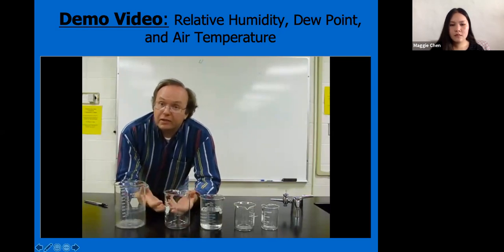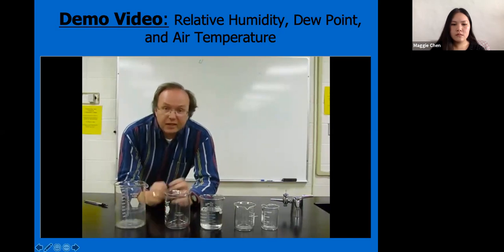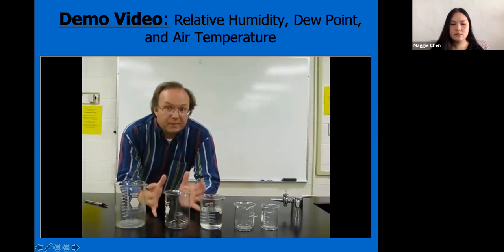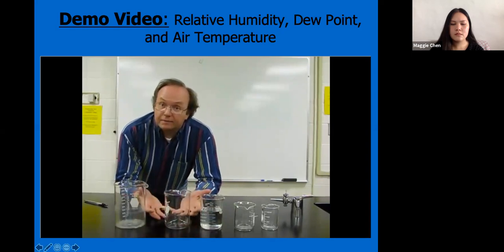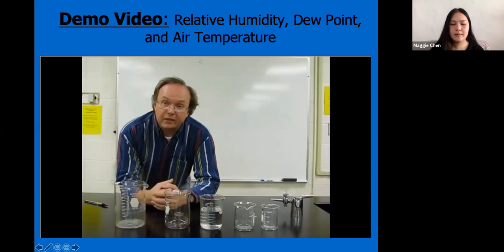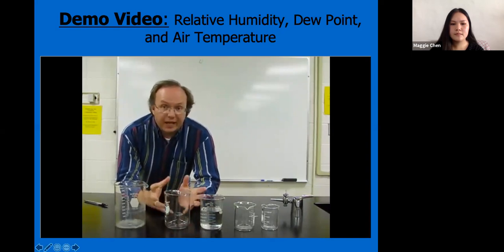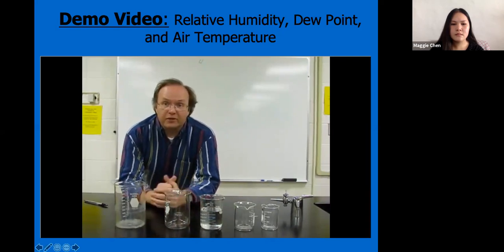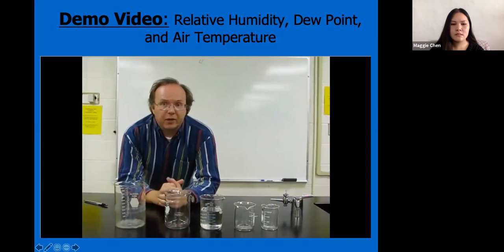So think of relative humidity in the sense of how many water molecules we're putting in the spaces between the air molecules, the nitrogen and the oxygen. There are so many spaces in a given volume of air. If they're all filled with water molecules, then we say the air is saturated and the relative humidity is 100%. If there aren't any water molecules in it, then we would say the relative humidity is 0 and all the spaces are empty. But that very, very rarely ever happens in nature.